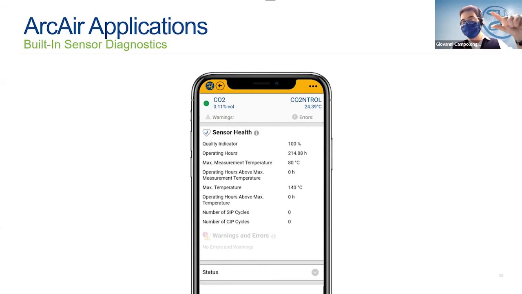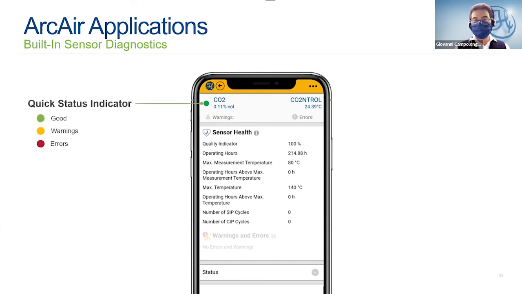Of course, if you have the adapter, you see green, everything is going well. But in case, instead of green, you see yellow or red, you can just use your smartphone or your computer or your tablet, go nearby the sensor, and then you can see why the status indicator gives me an indication. What is the quality indicator of the measurement? 100% means everything is going well.